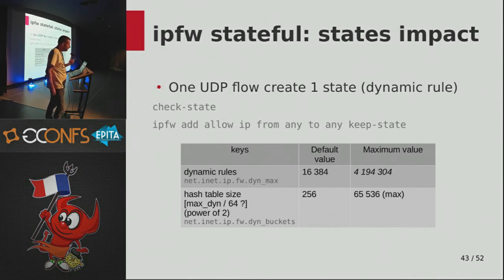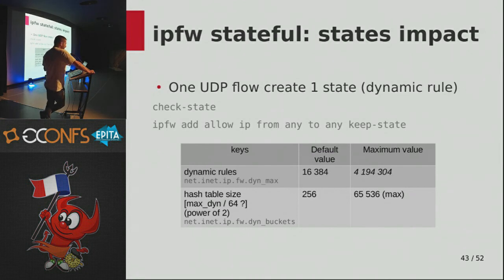From one flow, IPFW creates one dynamic rule. It's one state on IPFW. If you check this, by default it accepts a maximum number of 16,000 rules. And this size is related to the hash table size.